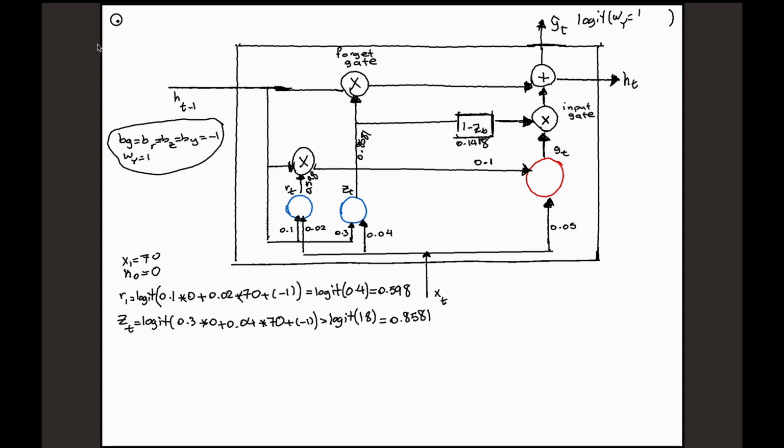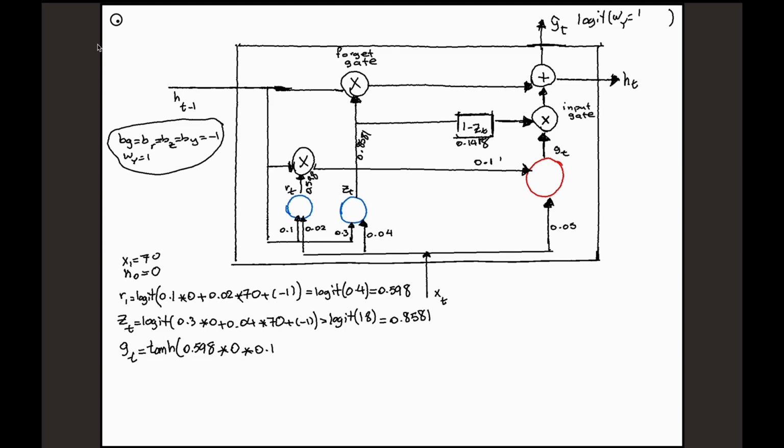Okay, so now let's look at the GT function. GT function would be tangent hyperbolic of, so here we have 0.598. That should be multiplied by H, which is 0. I intentionally write it so that you see what is happening here. And then it should be multiplied by this weight, which is 0.1.